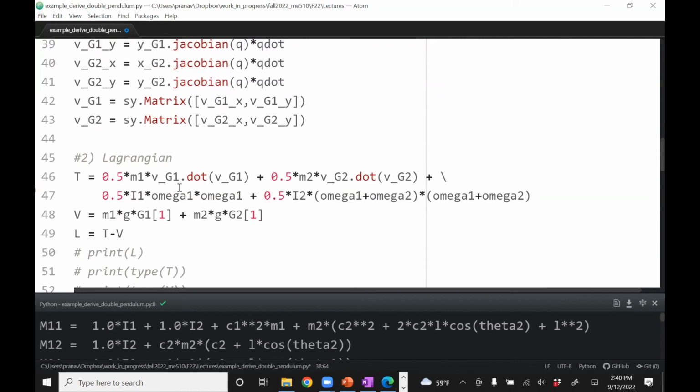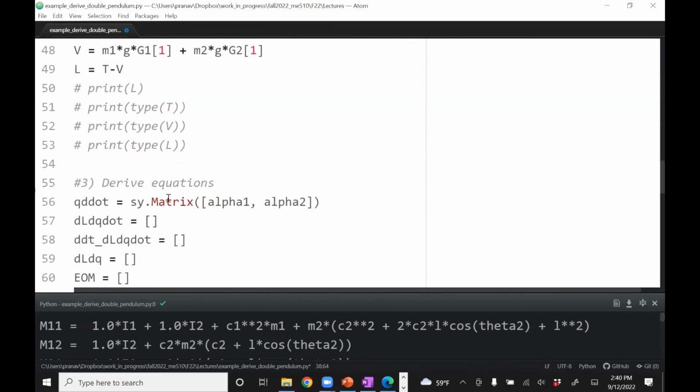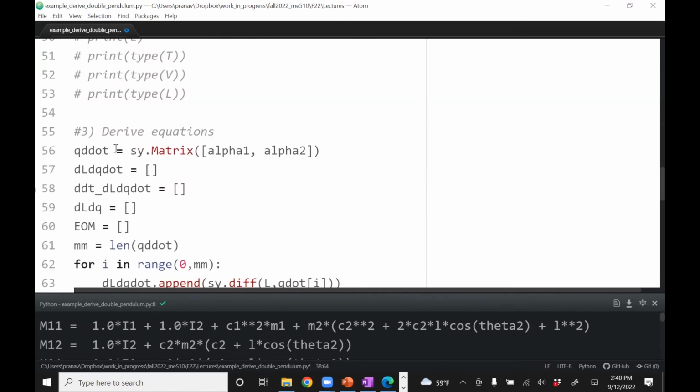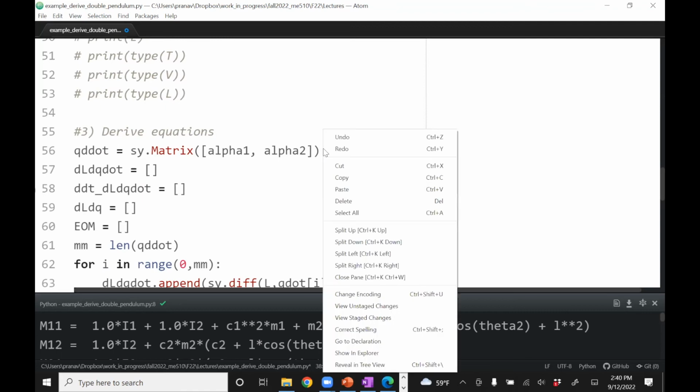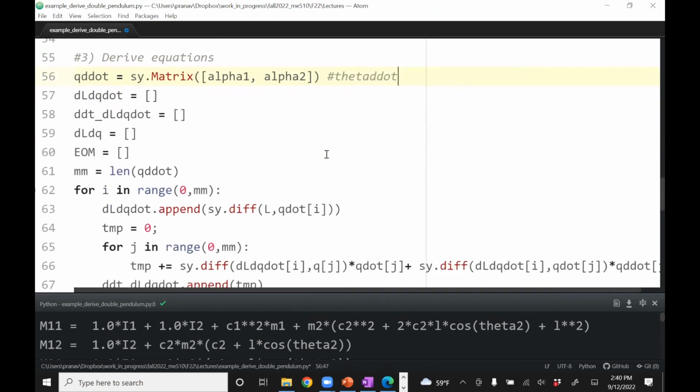Then I get the Lagrangian, which is this whole term T, V, straight from the notes, L equals T minus V. Third step is to derive equations. I need to define what that theta double dot would be. It's defined as q double dot, and I put it here as theta double dot.